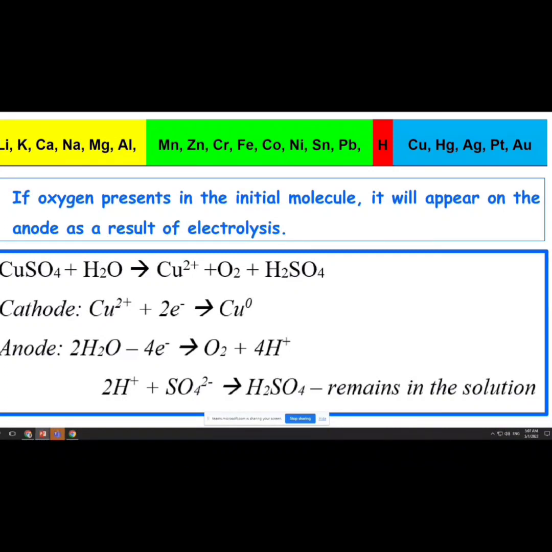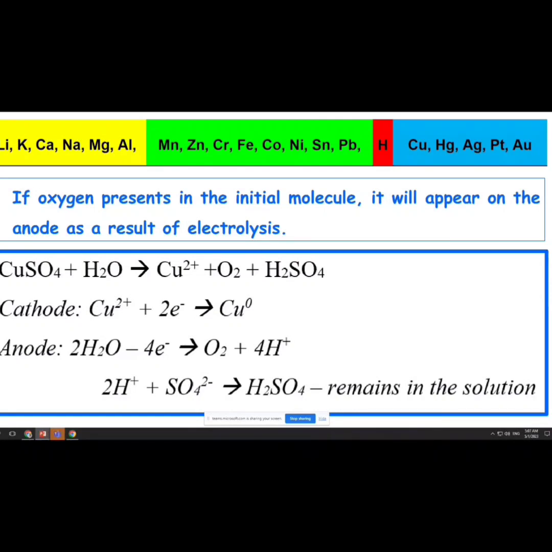The anode is positive, so water will give electrons to the anode. It will lose 4 electrons, and we will get oxygen and H+. This is what we get on the anode.